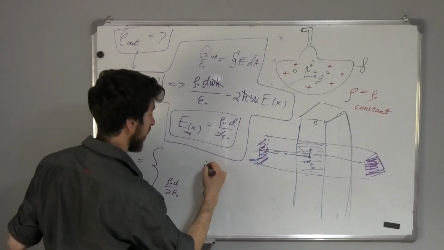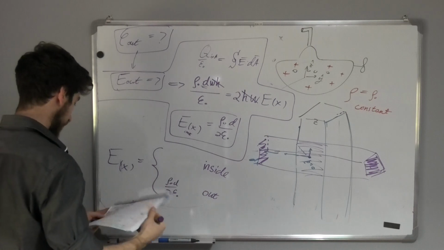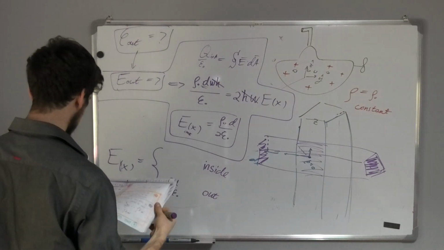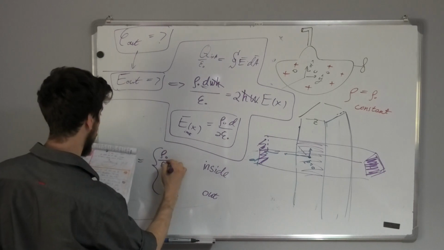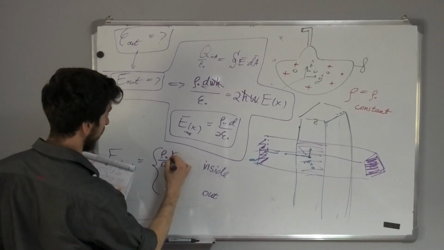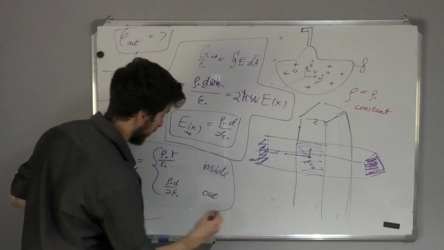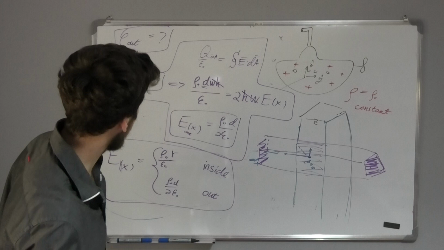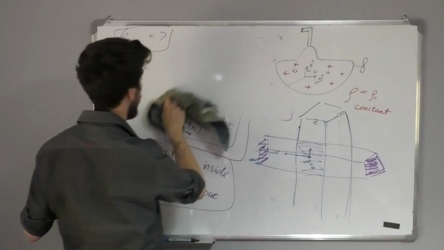And inside, we had a linear correlation, which was rho 0 over epsilon 0 multiplied by x. That's the value that we had before. So we have these two terms of the electric field. And now we actually want to find what is the potential outside as well.